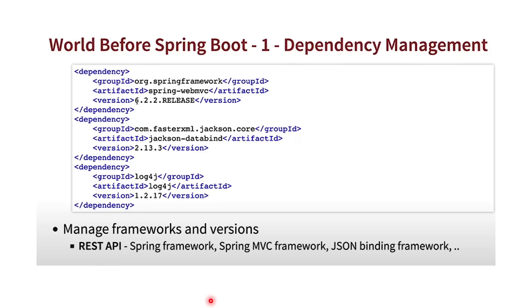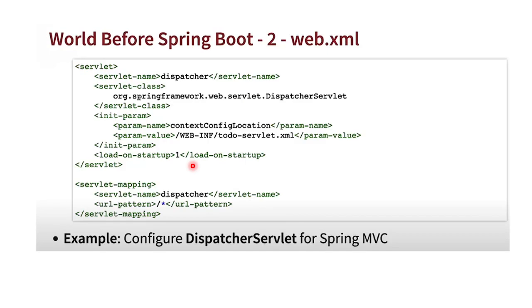So you need to think about the versions and about the particular jars. Suppose you are developing a simple REST application using Spring: you need the Spring framework, the MVC framework, and a JSON framework. All these things make dependency management difficult.